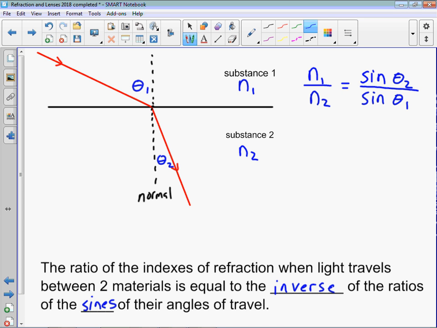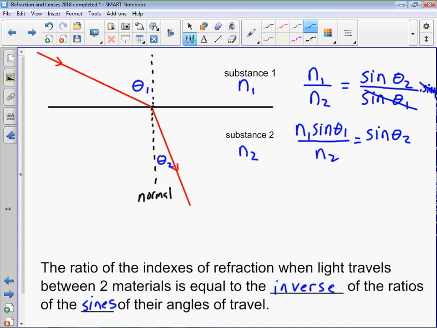We like to rearrange it in a nicer form. So what we're going to do is multiply both sides by sine theta 1. Ran out of room a little bit there. And we're also going to multiply, well, let's do that first. n1 sine theta 1 over n2 equals, that's going to cancel with that, and so that's just going to leave us with sine theta 2.